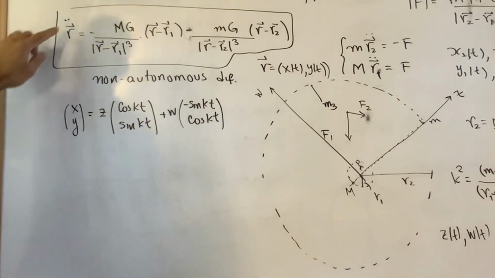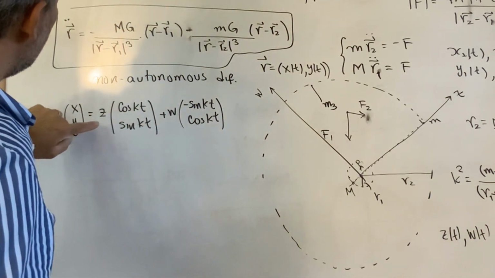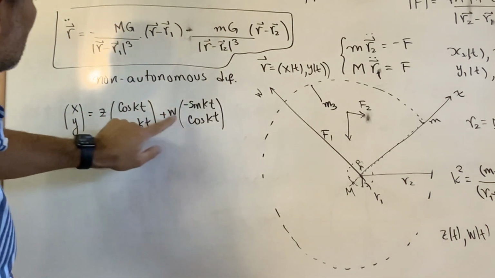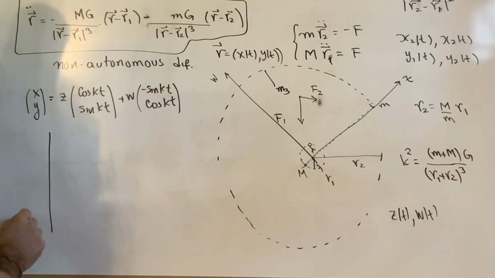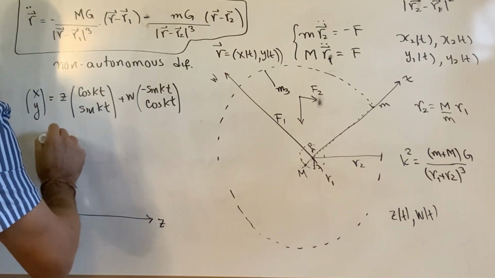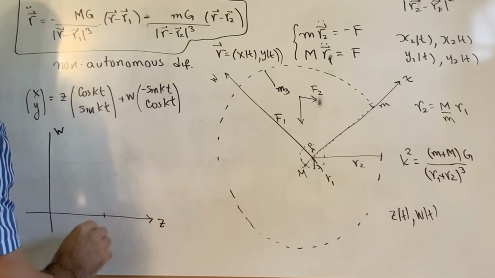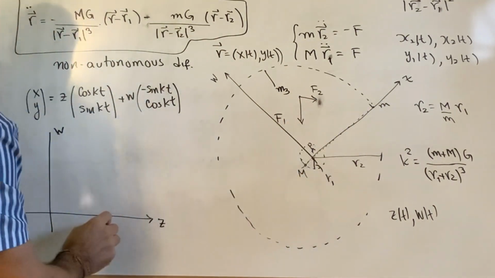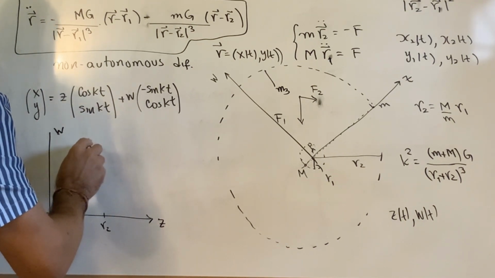And then we can use this relation to find the differential equation that C and W of t satisfy. Here we have our C and W. In this system of coordinates, here is this primary body, here R2, and this is R1, and we have our C and W here.